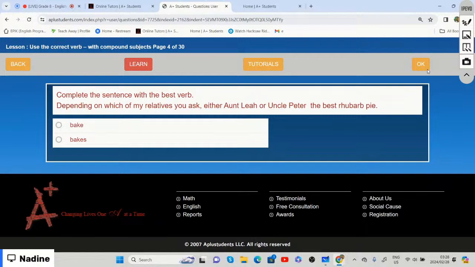So depending on which of my relatives you ask, either Aunt Leah or Uncle Peter, do we say bake or bakes the best rhubarb cake?